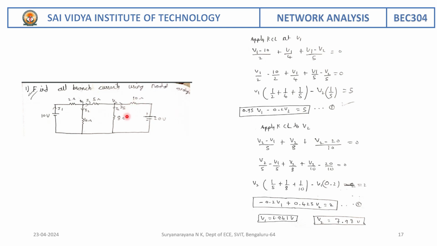In a similar way, apply KCL to node V2. Here V2 minus V1 by 5 plus V2 by 8 plus V2 minus 20 by 10 is equal to 0. Simplify this equation and write the final equation, which consists of the voltages V1 and V2.